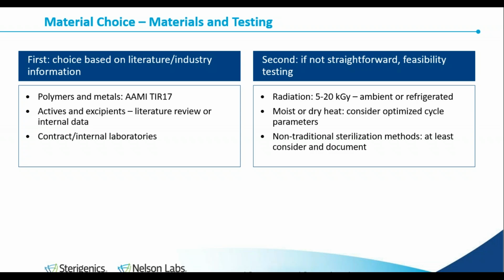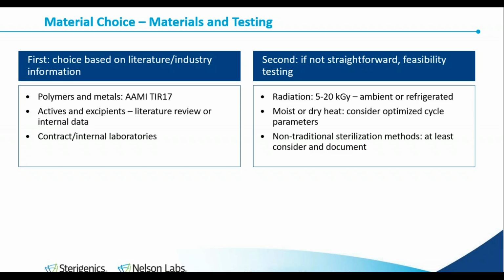The primary focus of that document is to provide sterilization compatibility with a wide number of polymers and a wide number of sterilization modalities. So it's a very good resource for an initial selection of materials that you'd like to have sterilized through some form.